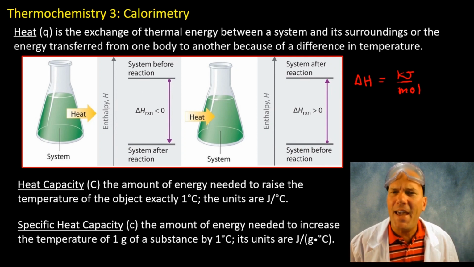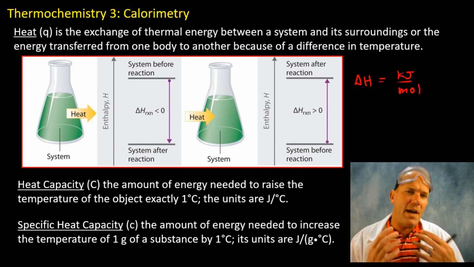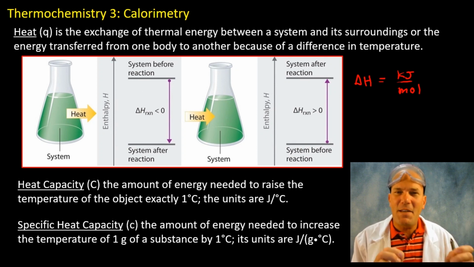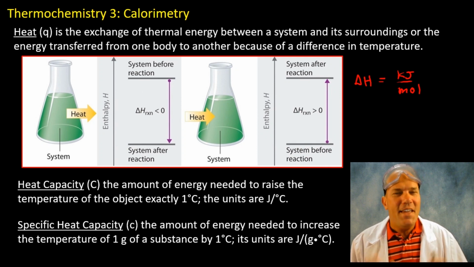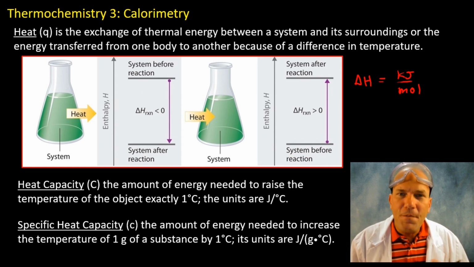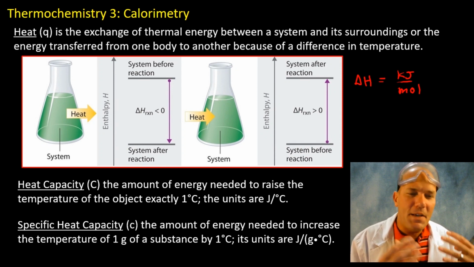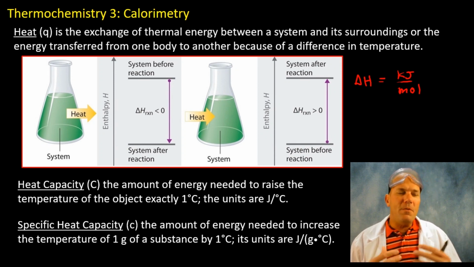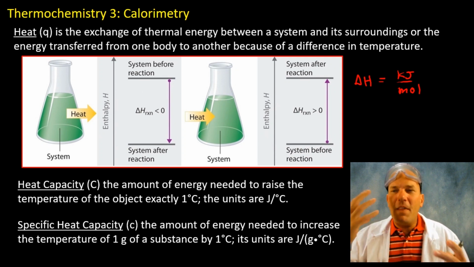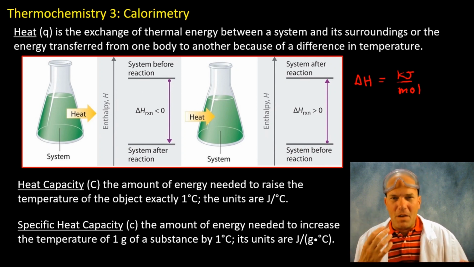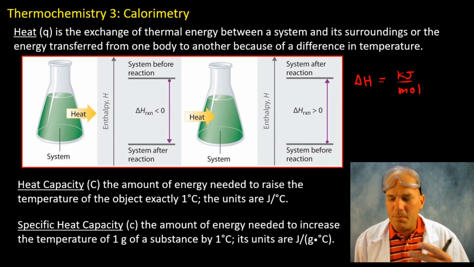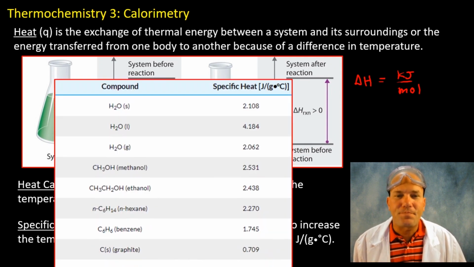We have heat capacity, which is capital C. Then we have specific heat capacity, lowercase c, and not to confuse you even more, but oftentimes specific heat capacity will be referred to as specific heat. So think of that word specific, because you're specifying the amount of the substance to be 1 gram.